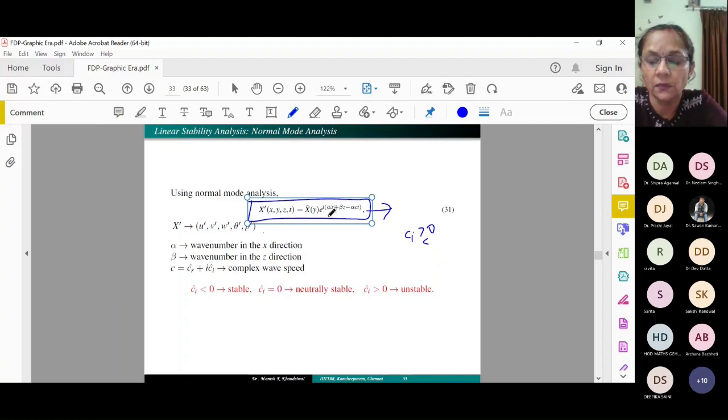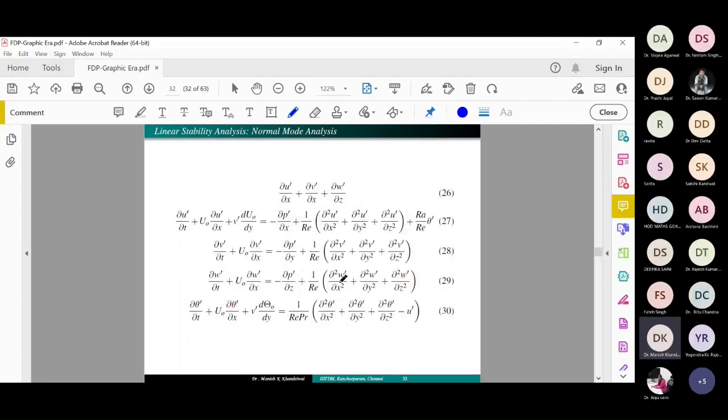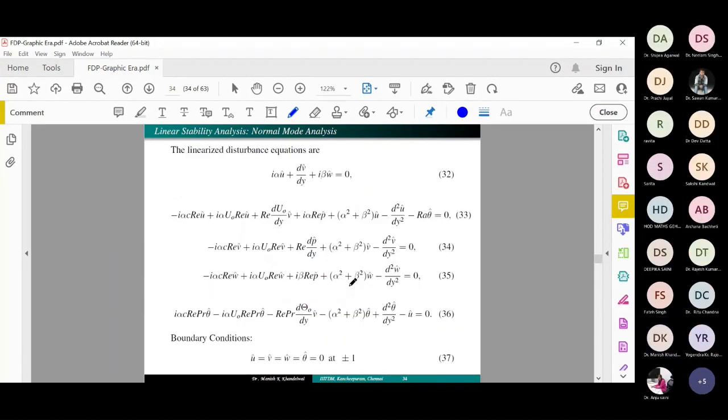Once we put all these expressions into expression 31, we get this type of equations. These are known as linear disturbance equations; here it is a channel problem, but for any problem you can develop this type of linear disturbance equations.